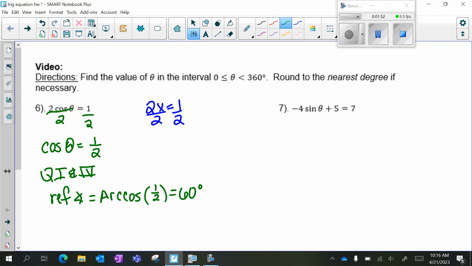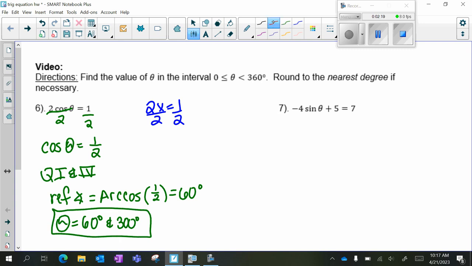So now theta is going to be in quadrant 1 and quadrant 4. So 60 degrees, my reference angle is always the quadrant 1 angle, so I have 60 degrees. And in quadrant 4, a reference angle of 60 degrees is 300 degrees. So those are my two values for this equation.